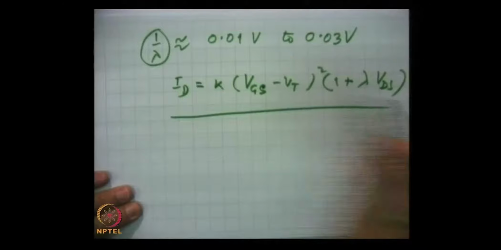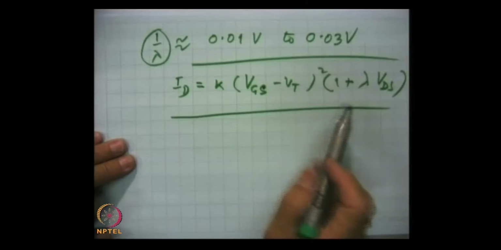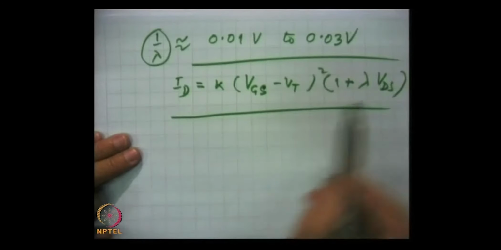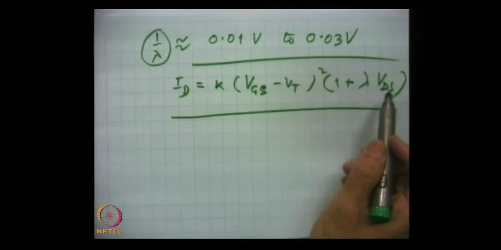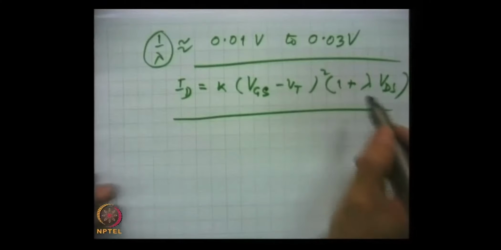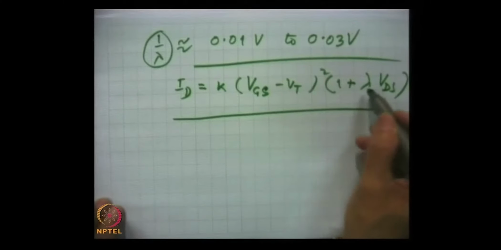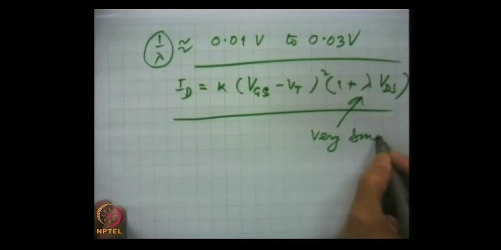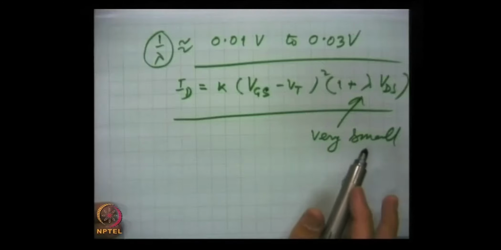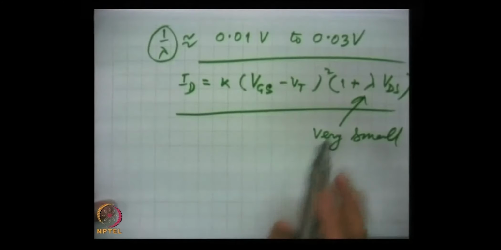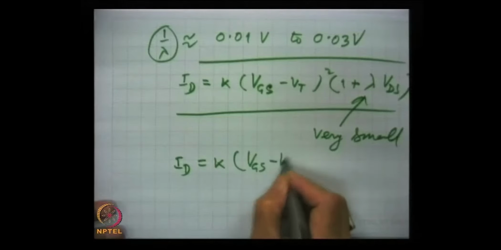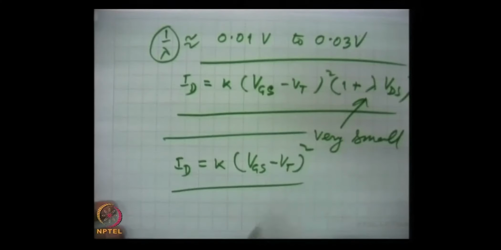This is the more accurate expression of the drain current dependence on VDS. As we have seen, lambda is a very small parameter, so often this effect is neglected, and ID is practically taken as K (VGS minus VT) squared in the saturation region, as we have been using.